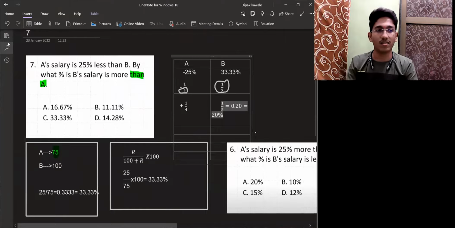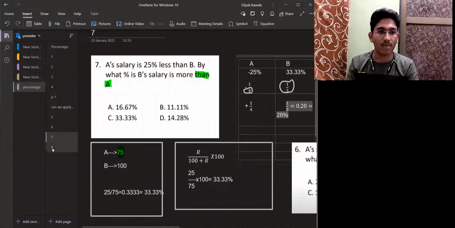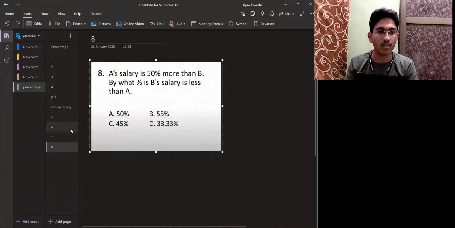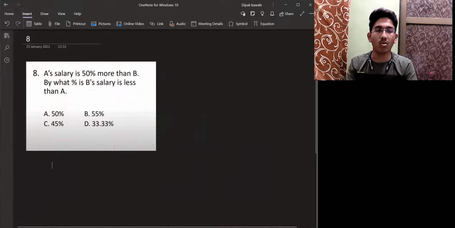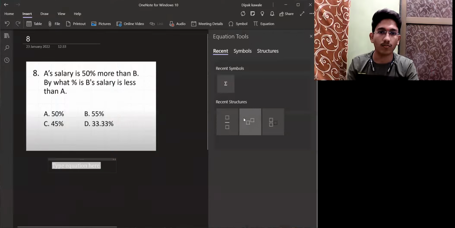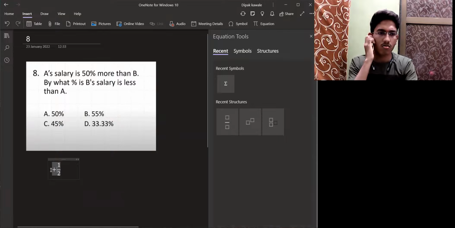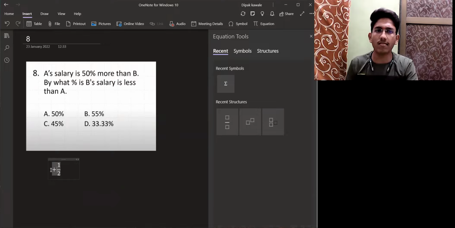Let's test this same trick. I have one more problem, let's test on this. Okay, so A's salary is 50% more. More means plus will come. Okay, what do we write 50% as here? 1/2. It is more. So tell me, how much less is B's salary than A? How much percentage is it less? 2 plus 1, 3. 1 by 3?